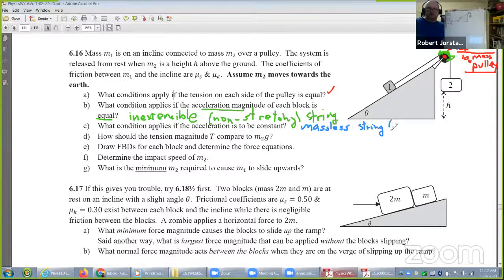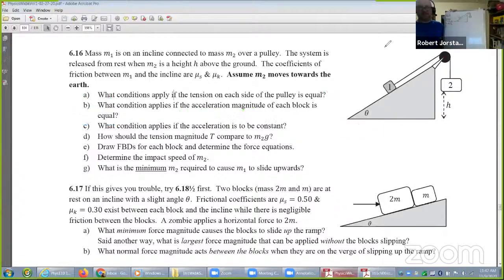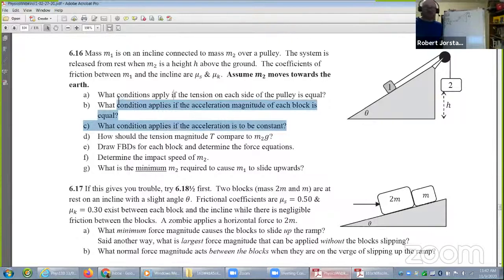Now, obviously, no string is really massless, but compared to everything else, so sometimes we'll just say a very light string. So we're using a light string that doesn't stretch, and a pulley that is very light and has negligible axial friction. That takes care of these first three bullets. Unless otherwise specified, we always assume those to be true. Otherwise, it's too hard to do the problems at this stage. We can handle that in a later class.